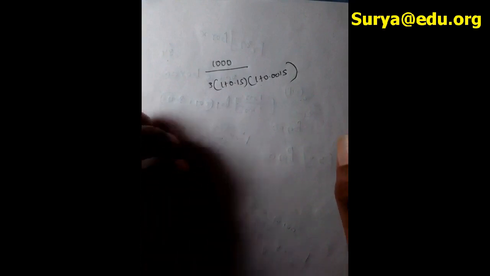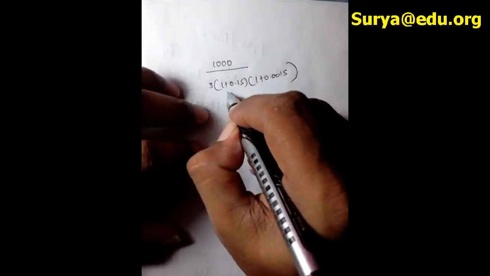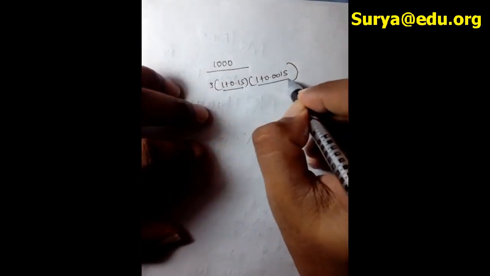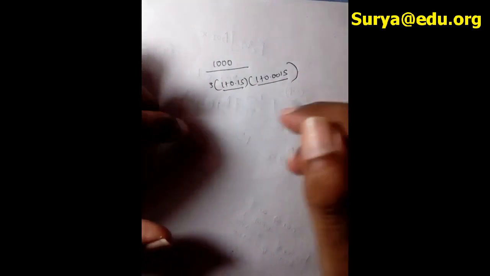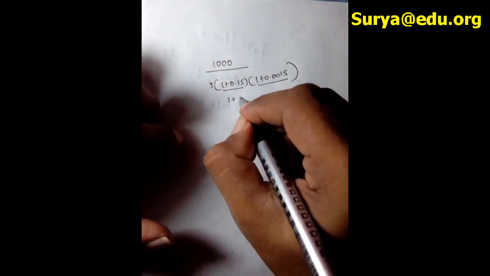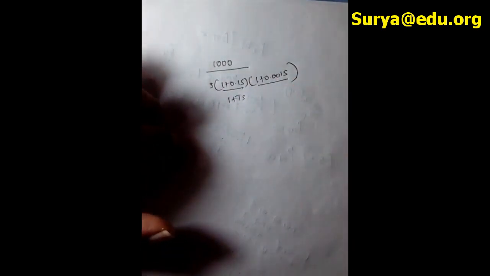Based upon our original transfer function, I told you only these components are responsible for the change in the response, because they take the format of 1 plus ts.